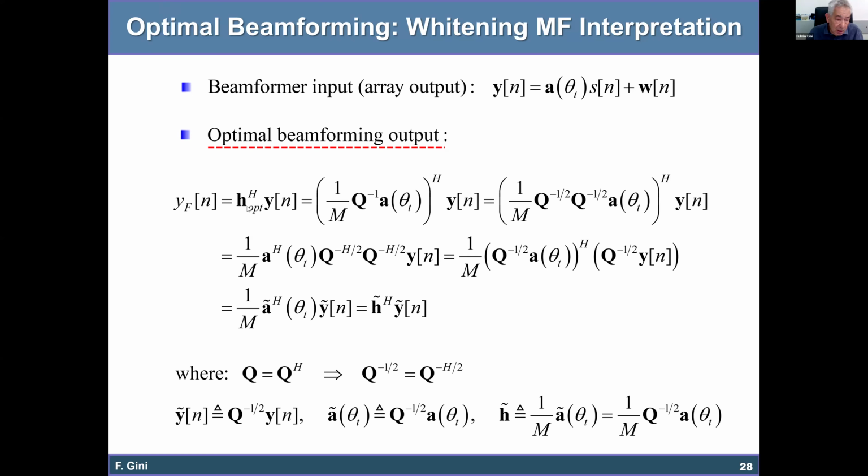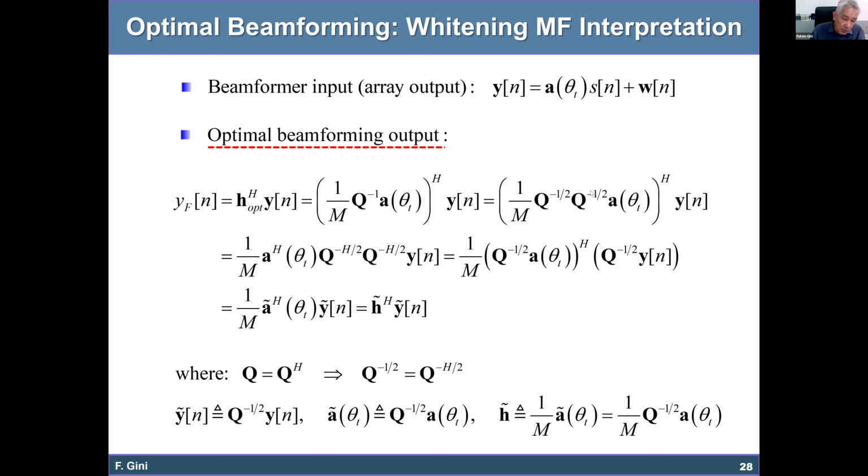So the output of the optimal beamformer is H optimal Hermitian Y. Now you can factorize the inverse of Q as the product of its square root times its square root.